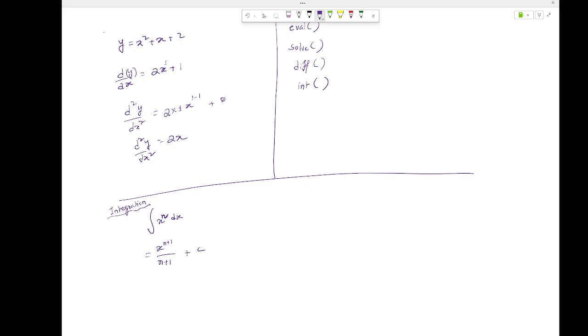You guys remember the equation for integration? It's very straightforward. Remember, in differentiation x to the power n becomes n x to the power n minus 1. This is what it is for integration. If you integrate x to the power n, you have x to the power n plus 1 divided by n plus 1, and plus c is a constant. That plus c will not come if you have a lower limit and an upper limit. That goes with the integration.